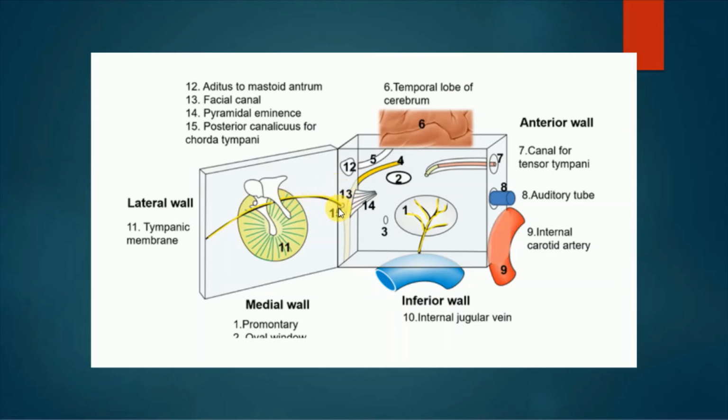But for now, remember that the facial nerve fibers pass through the facial canal, and these parasympathetic and sensory fibers escape the facial canal through this special hole called the posterior canaliculus, and as a bundle run out of the facial canal, known as the chorda tympani.